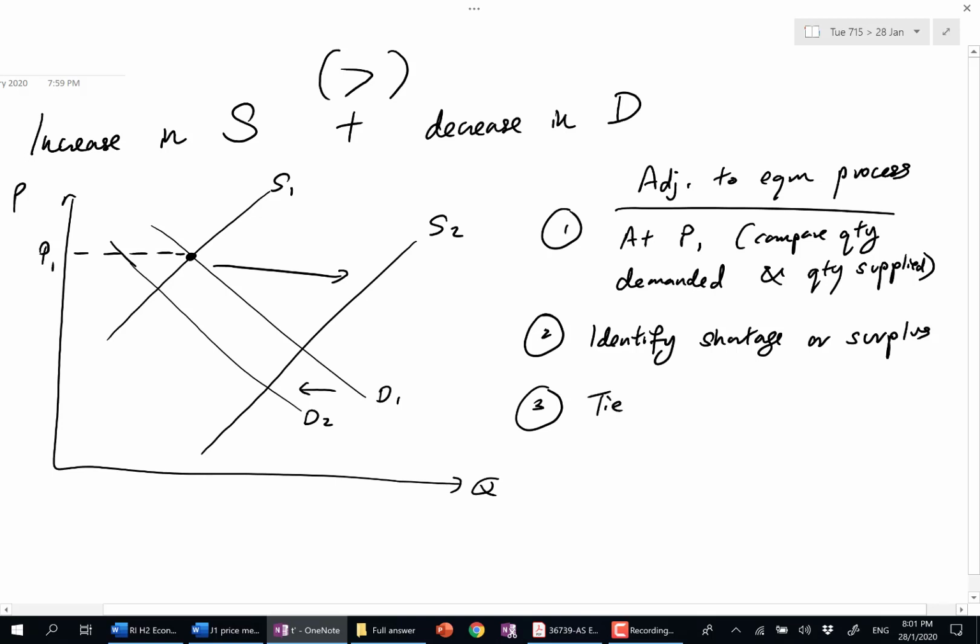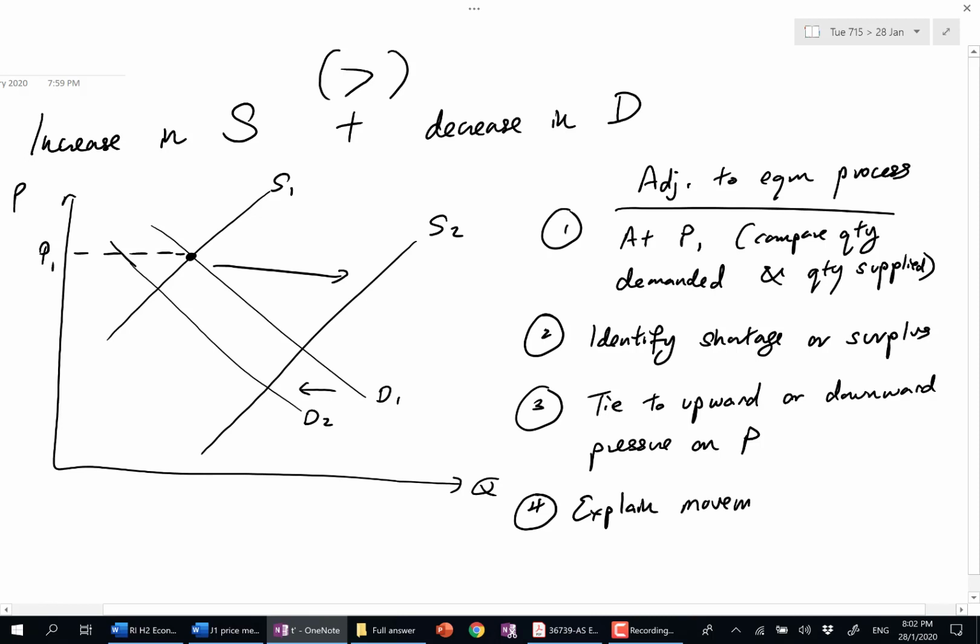Then you tie it to upward or downward pressure on price. Finally, you explain movements along the new curves.